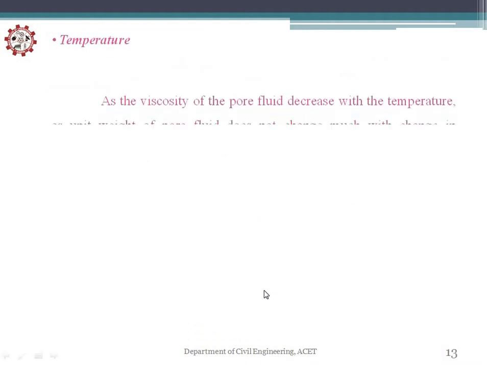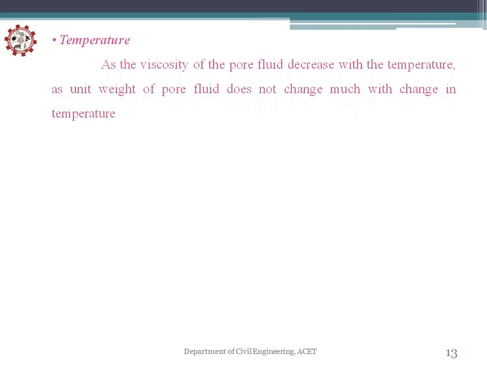Next is temperature. The viscosity of the pore fluid decreases with temperature, while the unit weight of the pore fluid does not change much with temperature. So gamma, the bulk unit weight, remains the same even if the temperature changes.